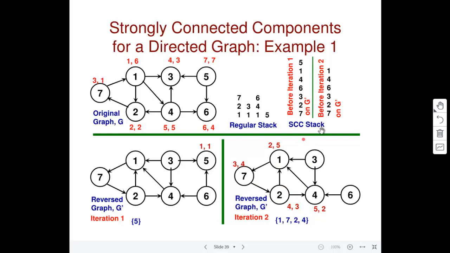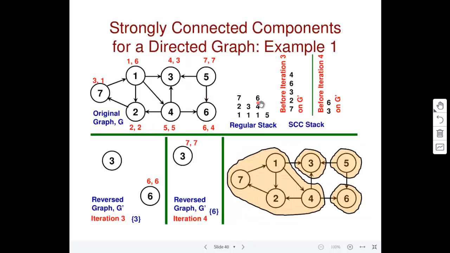Now we also remove 1, 7, 2, 4 from this SCC stack. After we do that, this is how the SCC stack looks, with just 6 and 3.